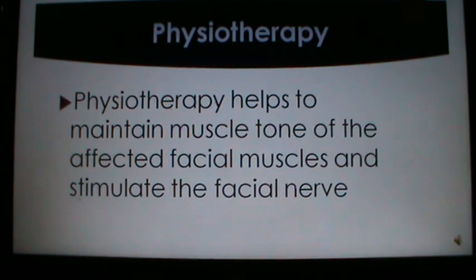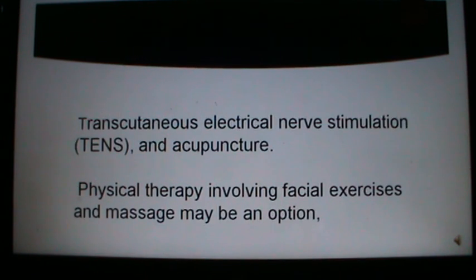Physiotherapy helps to maintain muscle tone of the affected facial muscles and stimulate the facial nerve. Other treatment options for Bell's palsy are transcutaneous electrical nerve stimulation and acupuncture. Physical therapy involves facial exercises, and massage may be an option.